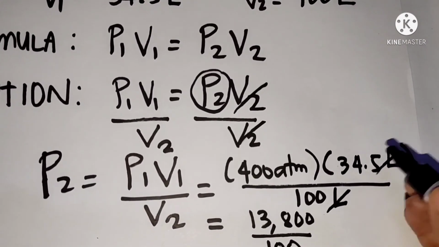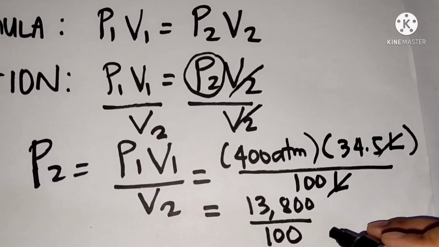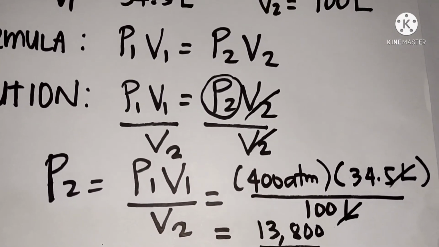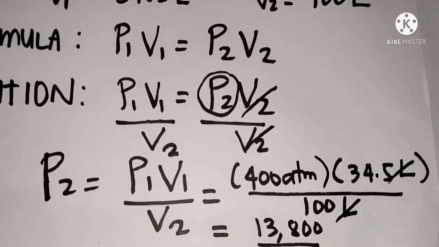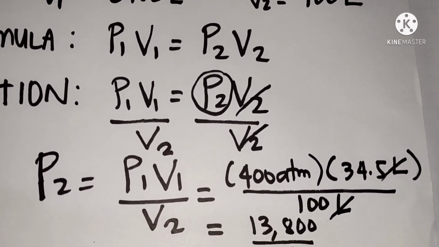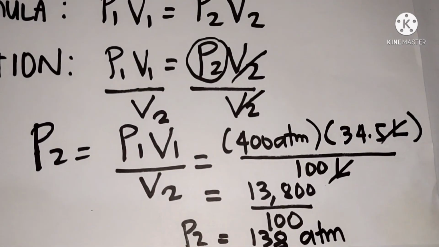Cancel liter, cancel liter. So 13,800 divided by 100, our P2 is 138 atm or atmosphere.